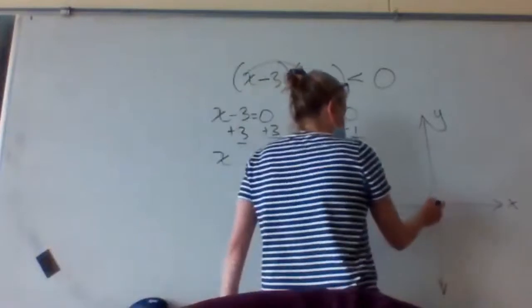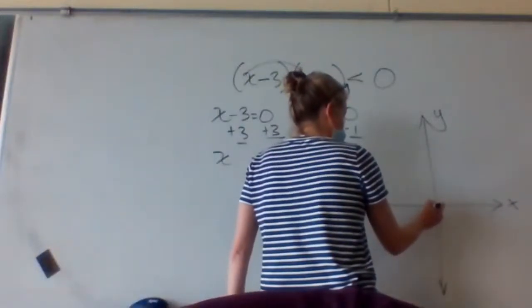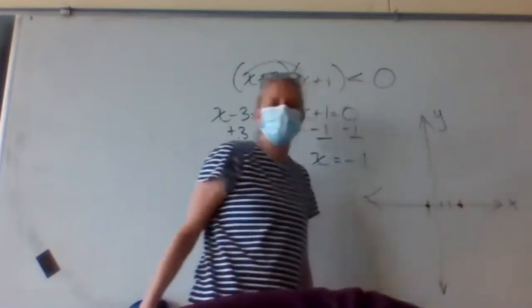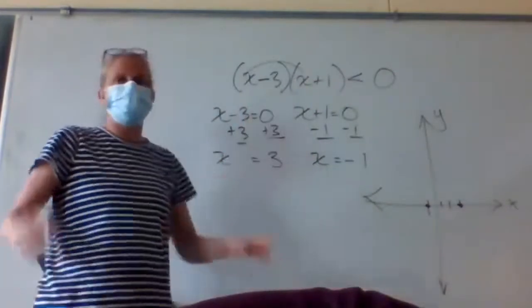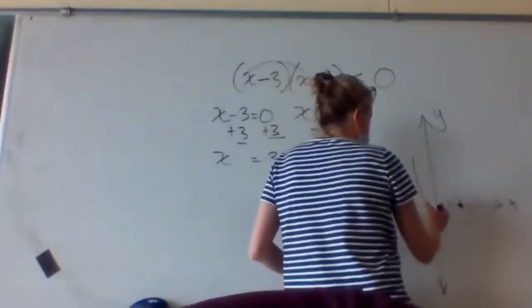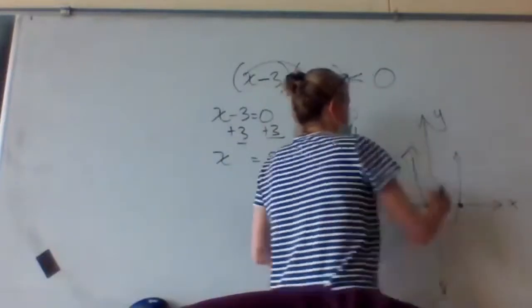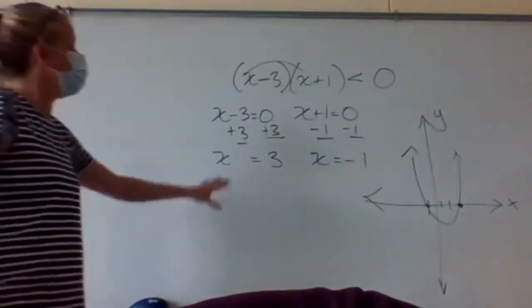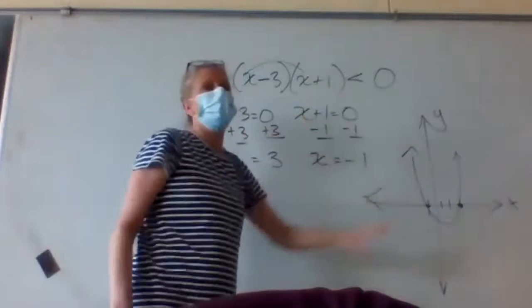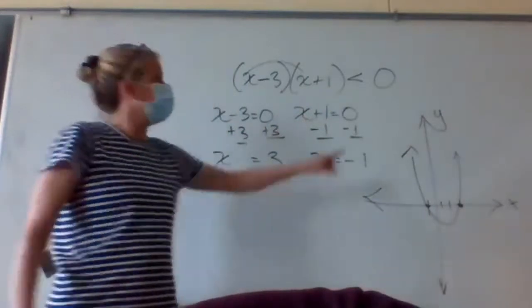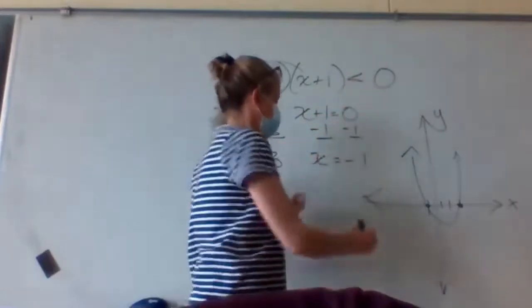So at -1 and at +3, that's all I really need to know, and the fact that it's right side up. So nothing else really matters on this. So just picture that.